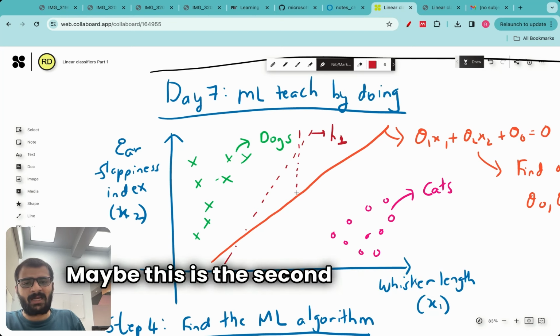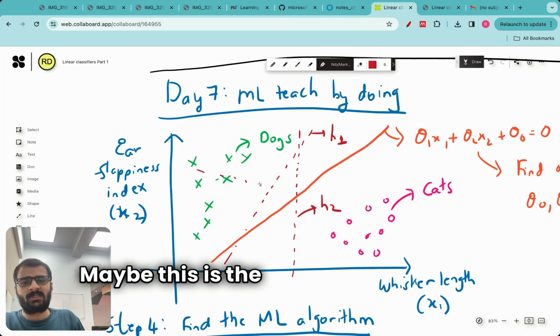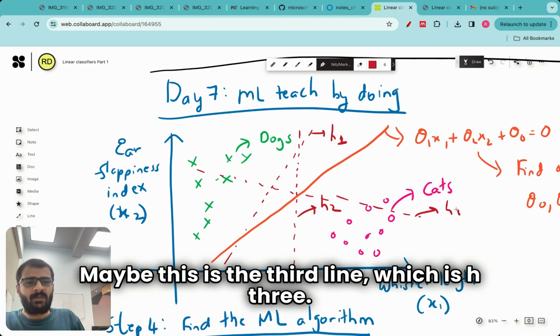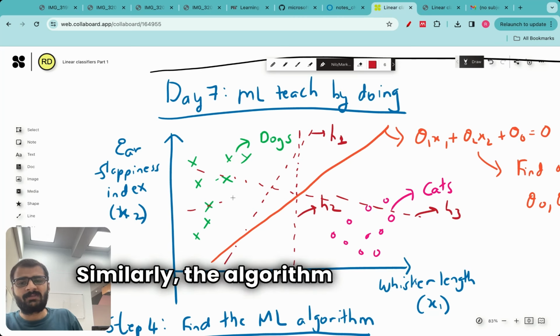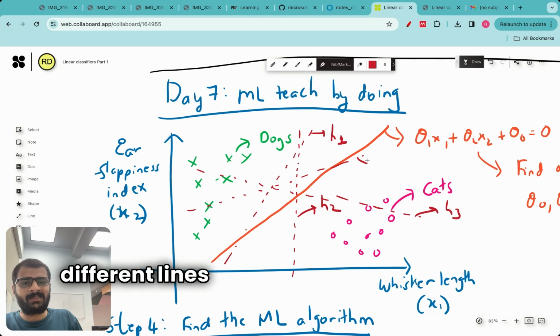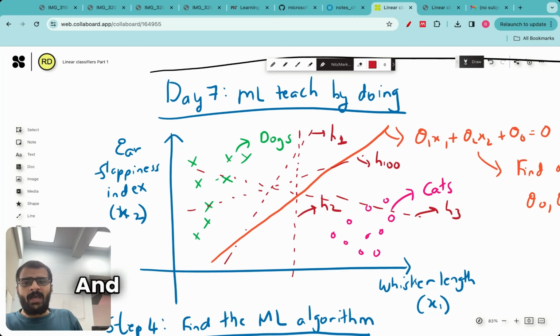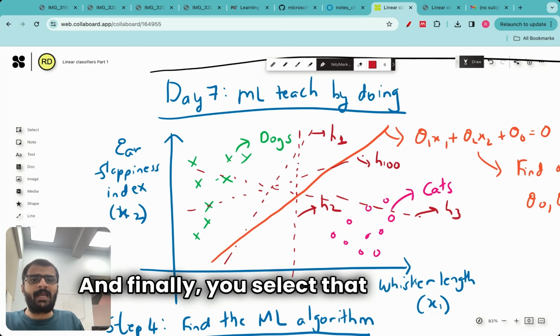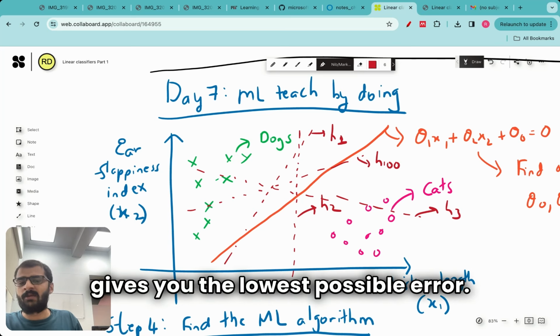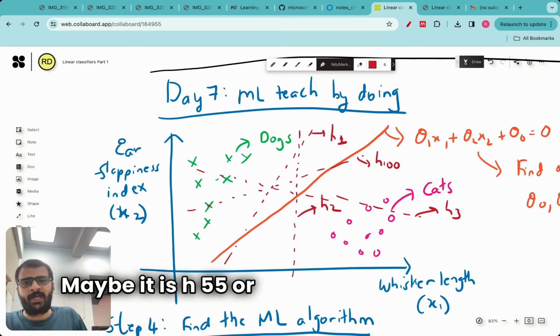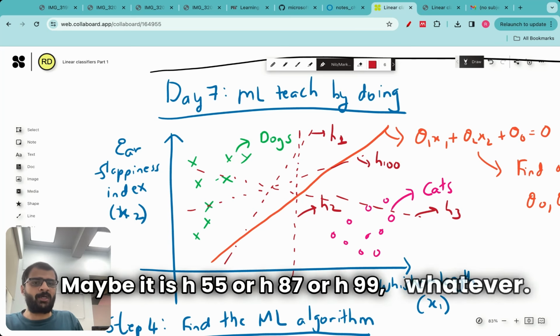Maybe this is the second line, which is H2. Maybe this is the third line, which is H3. Similarly, you generate 100 different lines like this and you compute the error for all these 100 lines. And finally, you select the line which gives you the lowest possible error. Maybe it is H55 or H87 or H99, whatever.